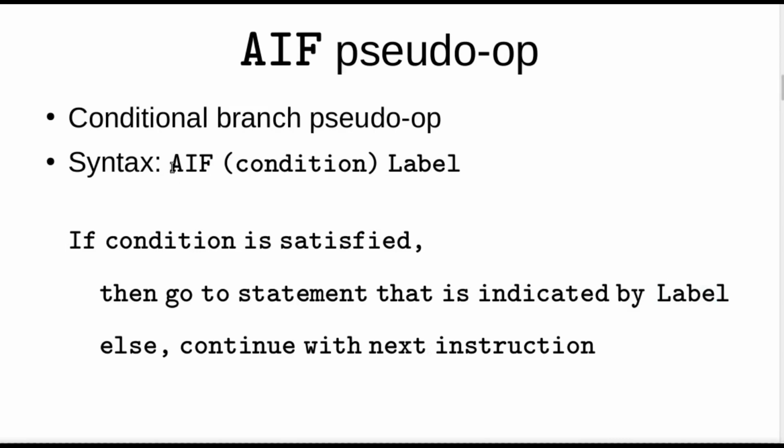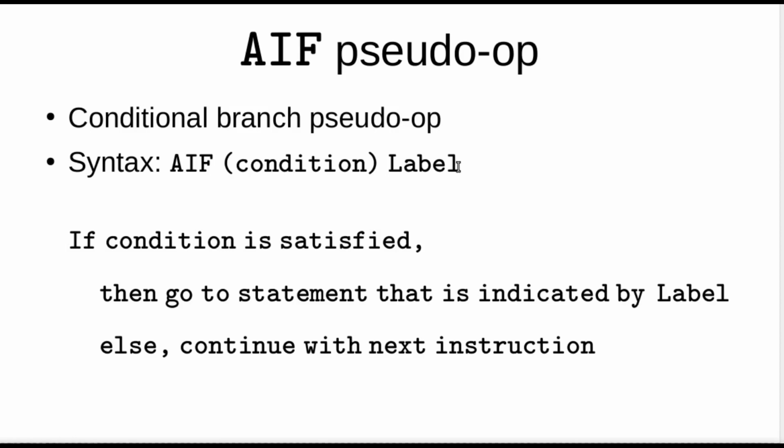The syntax for AIF is AIF followed by the condition within brackets, followed by a label. As we have already studied in previous lectures, a label is nothing but a name for an instruction at a memory location, right?